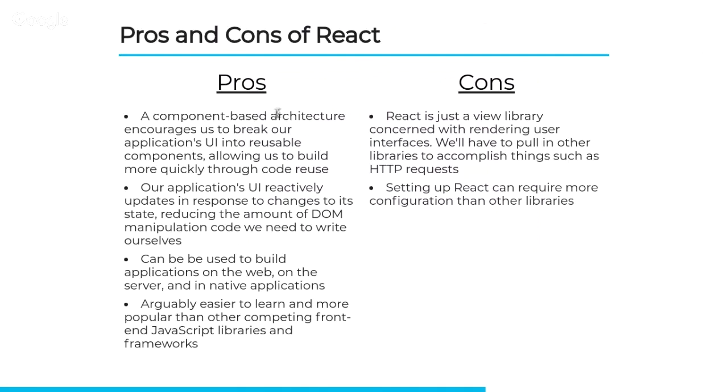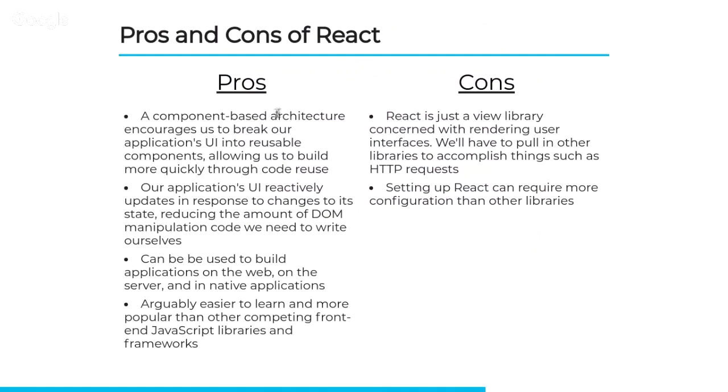So the cons: React is just a view library concerned with rendering user interfaces. We'll have to pull in other libraries to accomplish things like HTTP requests. So it's a lot of different stuff working together to get React to work. React is not an all-in-one solution. It doesn't do everything for you. It's still a bazaar type model, right? Where we are working with all these different people in the bazaar who are giving us all these different little software packages, and we figure out how to put them together.